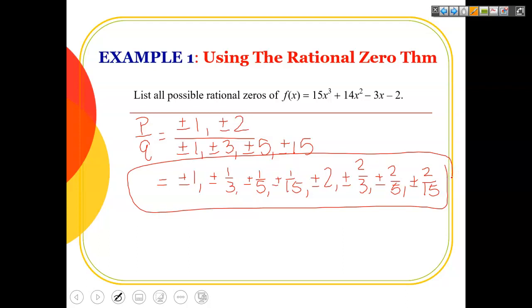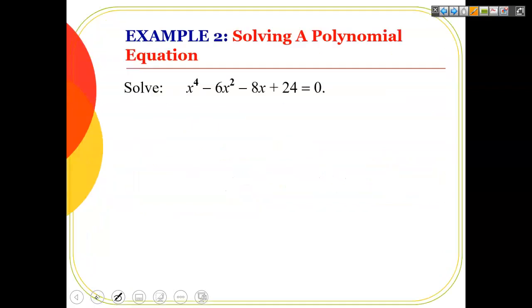Putting the top number over the bottom number is not listing the rational zeros. So I'm looking for the bottoms. Then if it asks you to go further and to factor it and find those zeros, you would do your rule and set up synthetic.